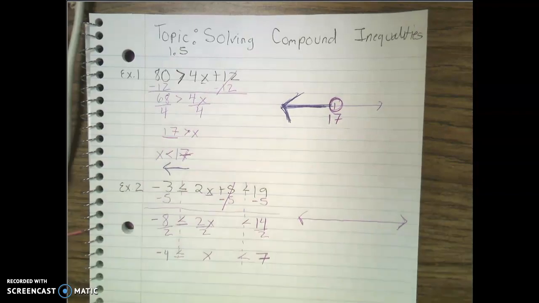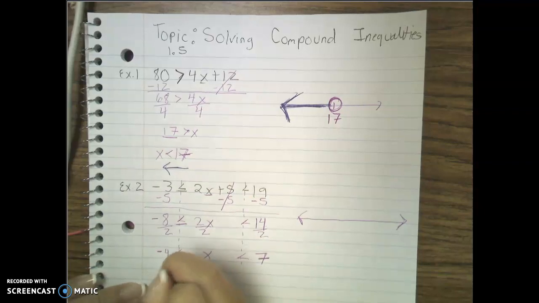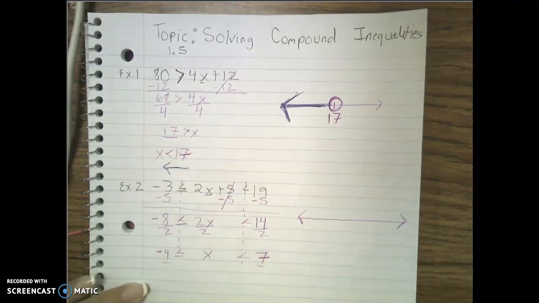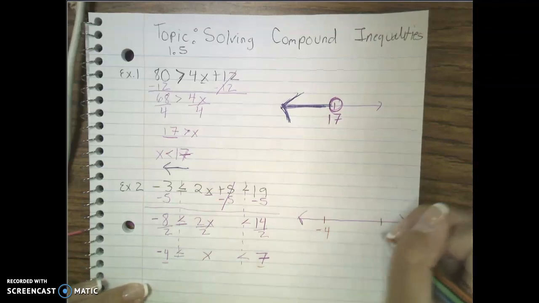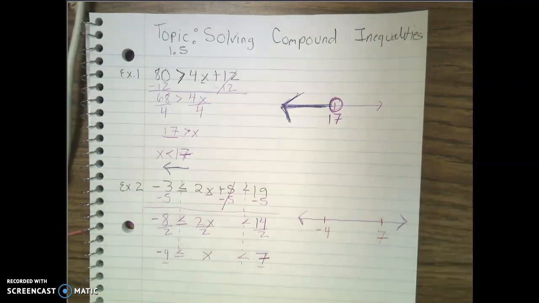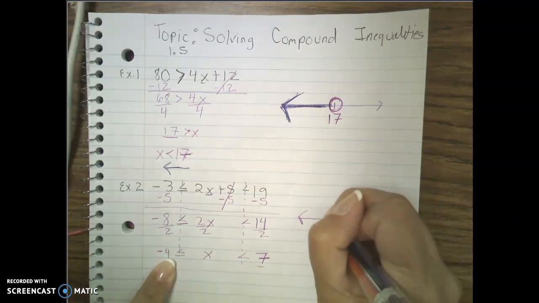What numbers do I care about? Well, I have a negative 4 and positive 7. Negative 4 is smaller, so that's going to go on the left. Positive 7 goes on the right. So negative 4, there's a line underneath, so that means it's a closed dot.